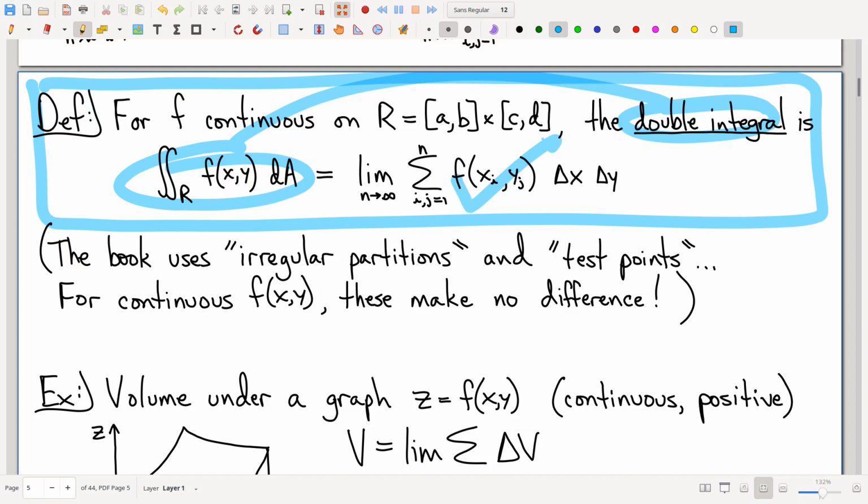In the same way that I think it's wrong to think of a single variable integral as being area under a curve, just really importantly, fundamentally not what an integral is, likewise, for a double integral, please don't think volume under a graph. It's not what it is.